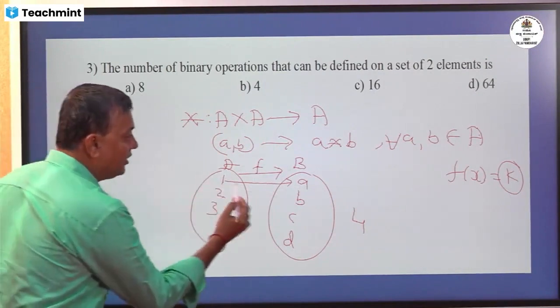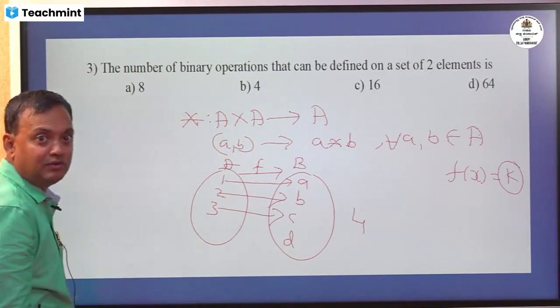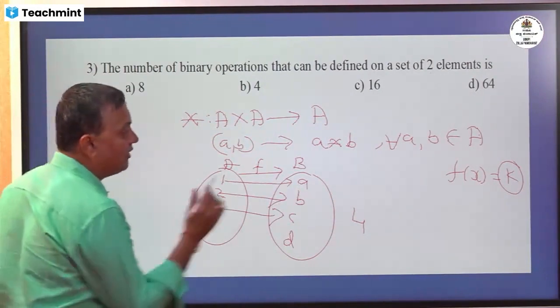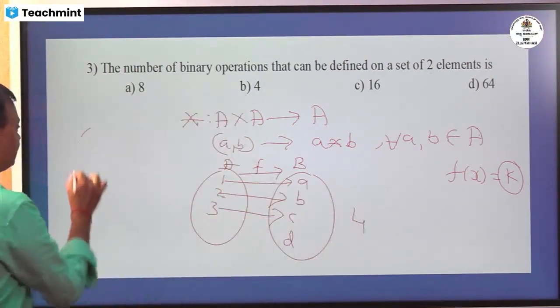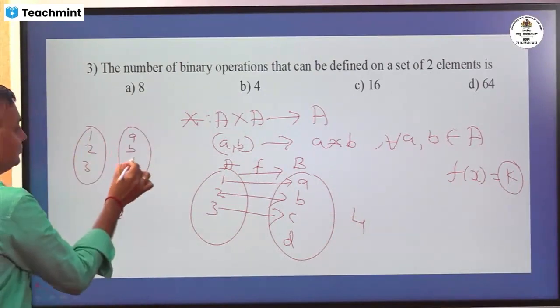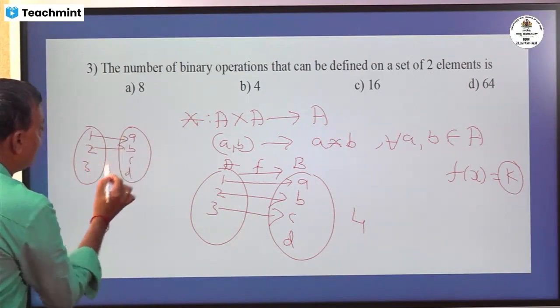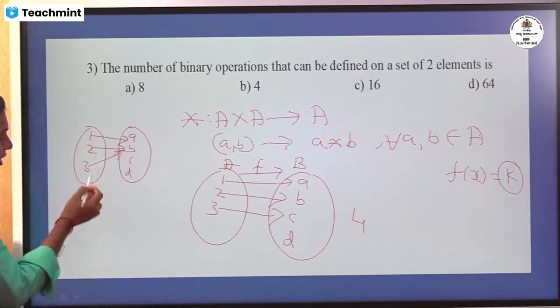ಈಗ ಇಲ್ಲಿ 1 to A, 2 to B, 3 to C, this is one function. Similarly, like this, this is another function, but 2 and 3 have same image.